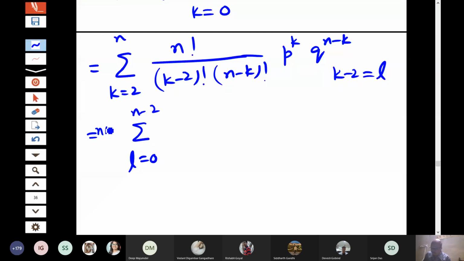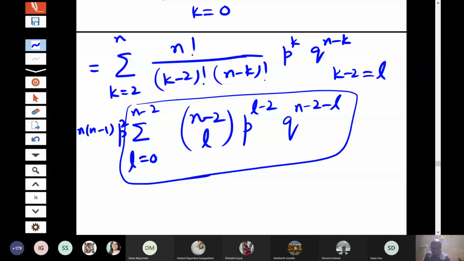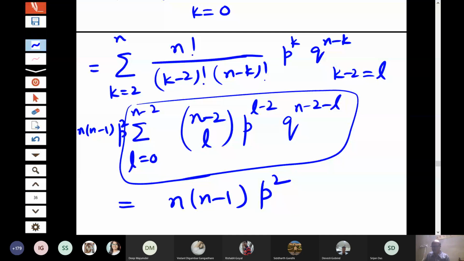I take out n into n minus 1 from here, n into n minus 1 p square, and then this is n minus 2 CL, p to the power L, q to the power n minus 2 minus L. Again this sum is equal to 1. So you are getting n into n minus 1 p square.